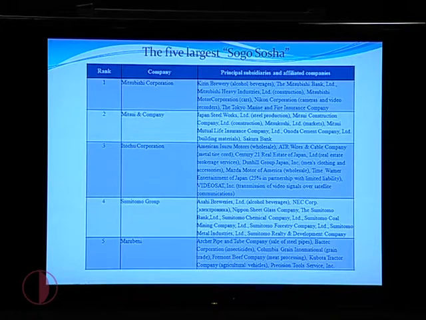Third one is Itochu Corporation: American Isuzu Motors Wholesale, Century 21 Real Estate of Japan Limited, real estate brokerage services, Mazda Motor of America, and Time Warner Entertainment of Japan, Videosat, like this, yes. Fourth is Sumitomo Group: Asahi Breweries, alcoholic beverages, yes, NEC Corporation, Sumitomo Coal, and many others.